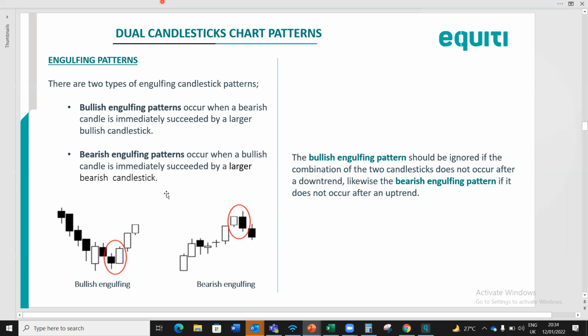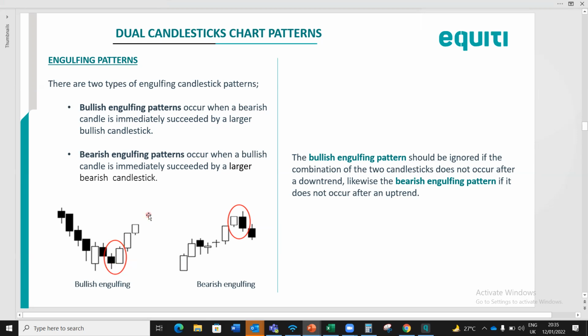The bullish engulfing occurs when a bearish candle is immediately succeeded by a larger bullish candle, just like we have in this case, which completely covers it. So we say that it has engulfed this candle. Most times, if you find this at the end of a downtrend, it can signal a possible bullish movement.